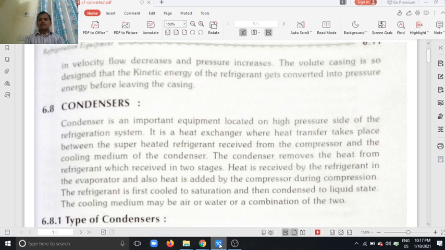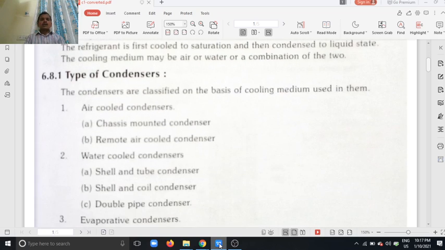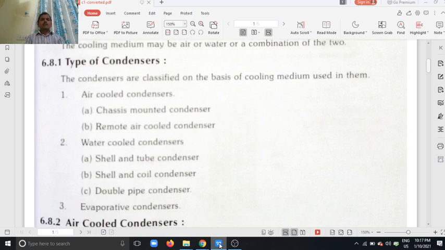So, types of condensers. Mainly there are three types: air cooled condensers, water cooled condensers, and evaporative condensers. In an air cooled condenser, only air is used as a cooling media to absorb the heat from the refrigerant.